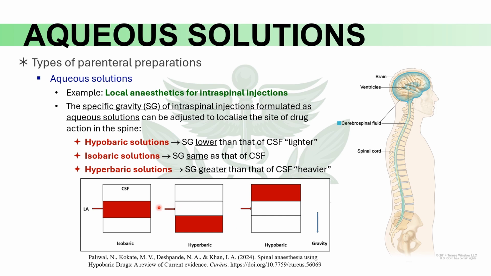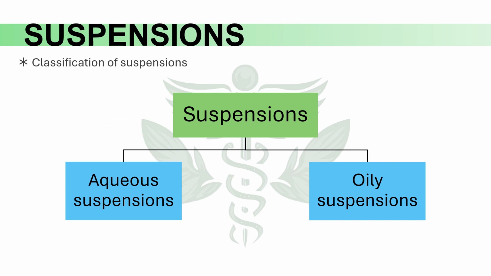Isobaric solutions have the same density as cerebrospinal fluid, so they remain localized at the site of injection. Okay, so how do we actually adjust the densities of the solution? Well, we start with our base, which is the isobaric solution. To the isobaric solution, we add dextrose if we want to prepare a hyperbaric solution, or sterile distilled water if we want to prepare a hypobaric solution.